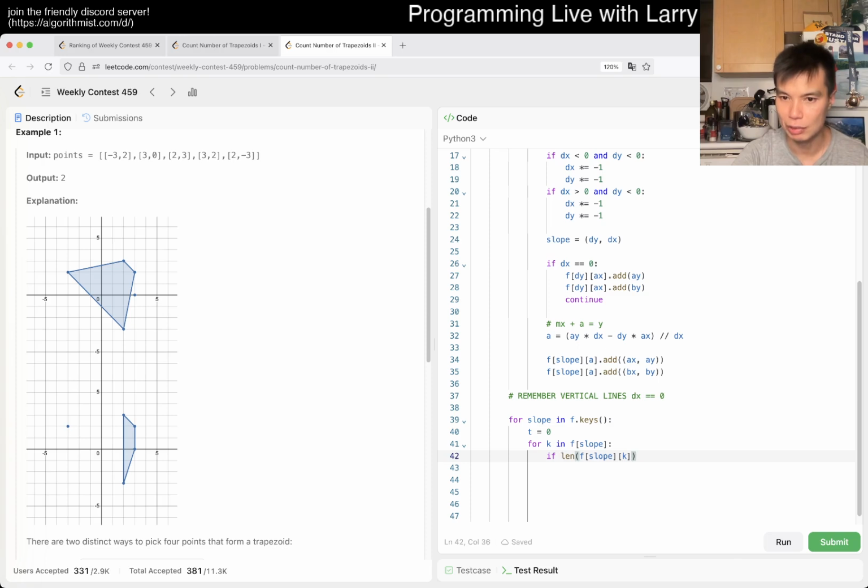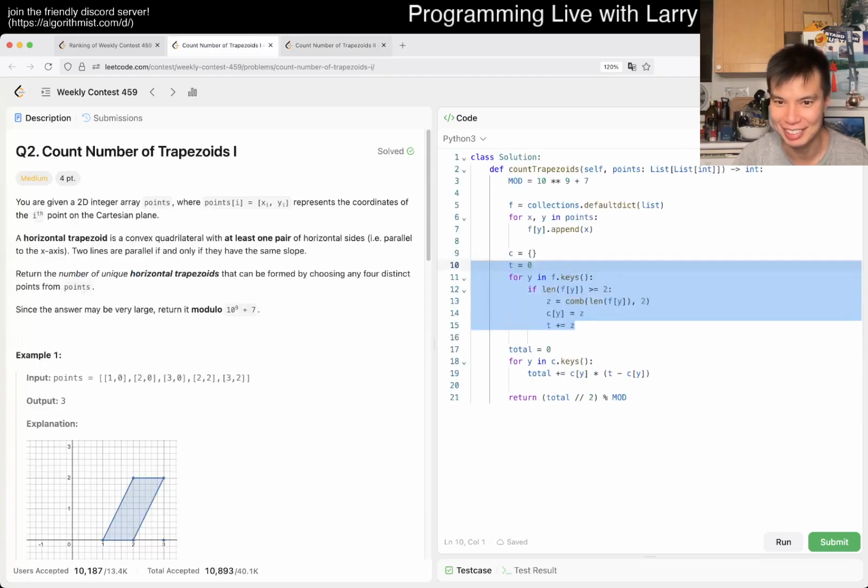So if length of this is greater than or equal to 2, then we, all right, so then now maybe we have an array r dot append combination of, maybe only need 2 of them, and then yeah, that's it, right? Oh no, that's not it. I mean, we did it already, Larry. Just copy and paste if you are unconfident.